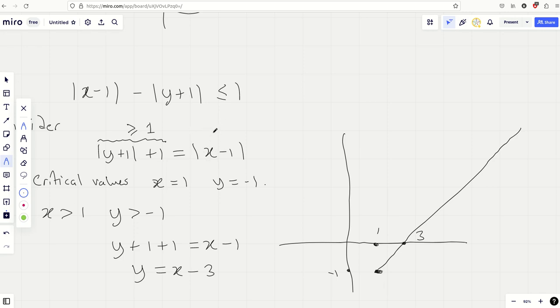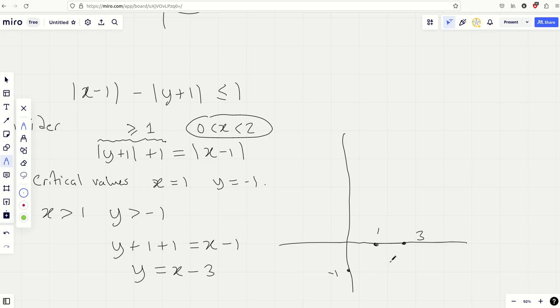If x was 0, that's fine. But if x was between 0 and 2, then the right hand side is going to be less than 1 and the left hand side is going to be greater than or equal to 1. So I think actually my straight line is slightly wrong.